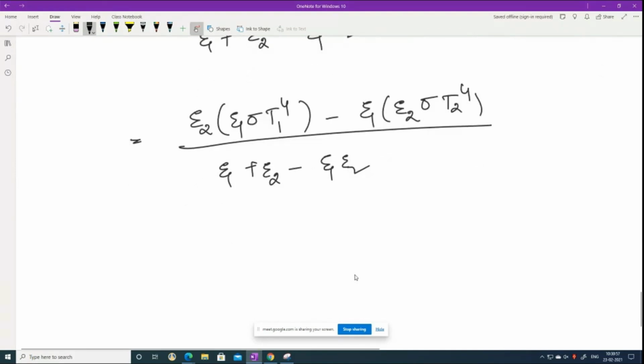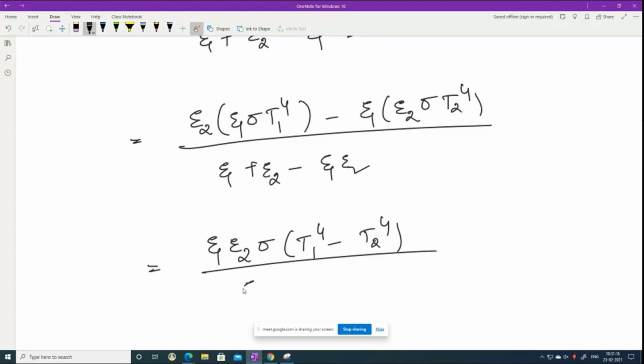You can simplify this expression. Epsilon 1 into epsilon 2 into sigma is common in both terms, so you get T1 to the power 4 minus T2 to the power 4, divided by epsilon 1 plus epsilon 2 minus epsilon 1 epsilon 2.